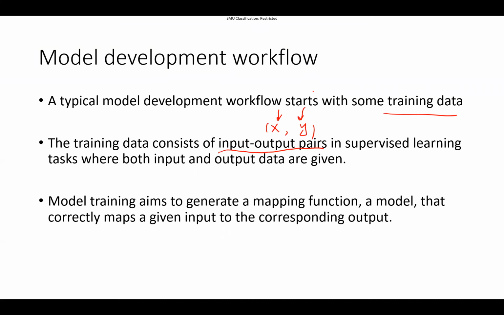So what we would like to do is to find a function f, right? A function that takes the inputs x and then predicts an output y-hat, where I use the hat to indicate that this is a prediction.